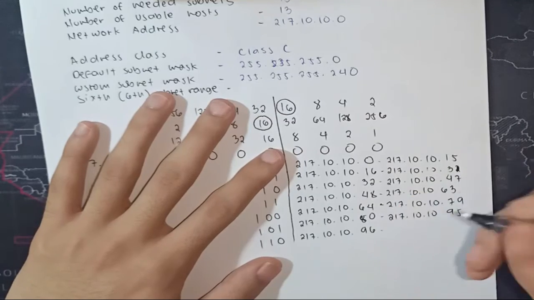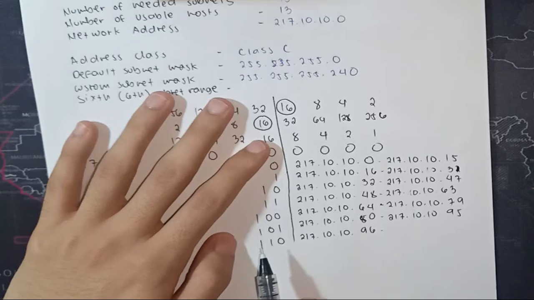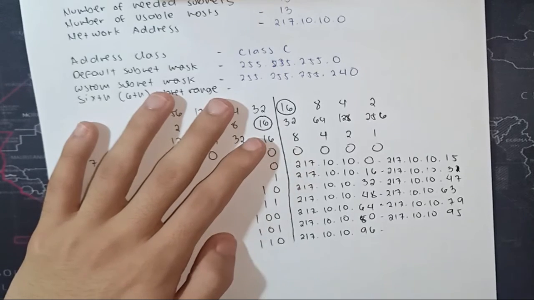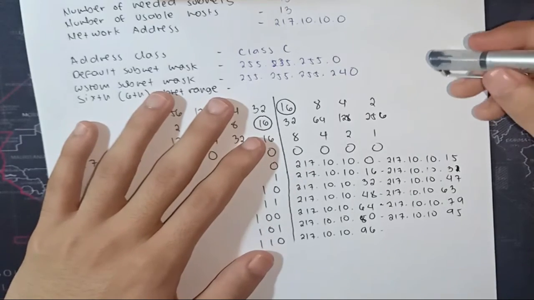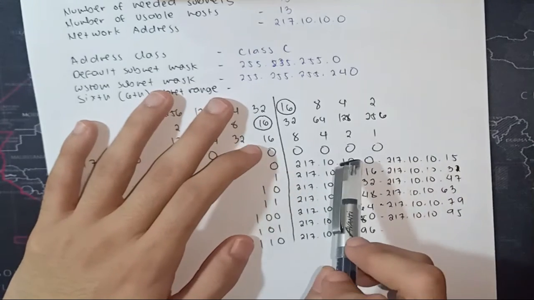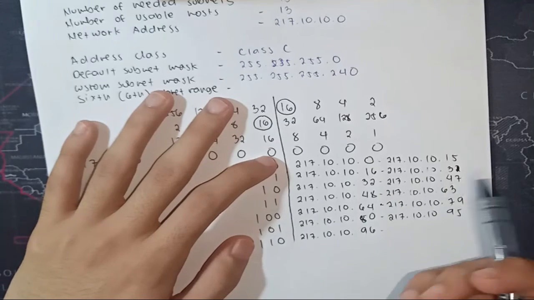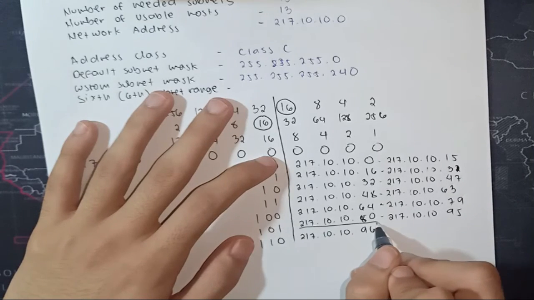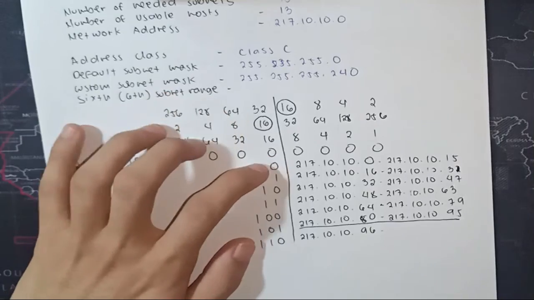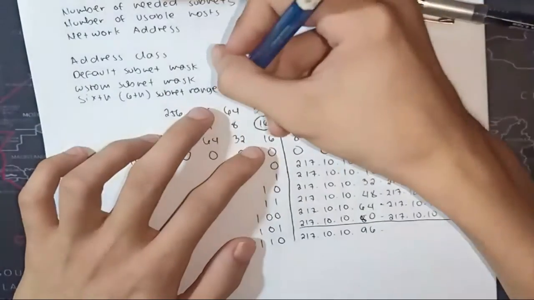Since we don't have the next binary, we're just gonna count from here to the 6th, which is 1, 2, 3, 4, 5, 6. So this will be the 6th subnet range. So we're just gonna write it down here.